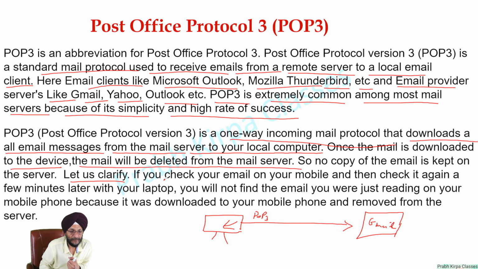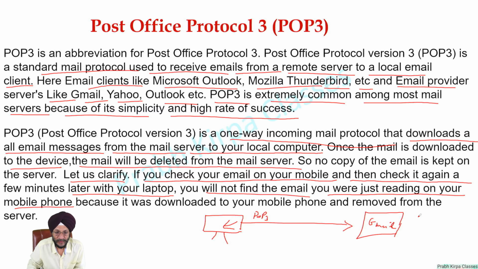Let us clarify. If you check your email on your mobile, then after some time again check it with your laptop, you will not find the email you were just reading on your mobile phone. It means that suppose you had received 10 emails, you opened your mobile and gone through them. You were making use of Post Office Protocol 3.